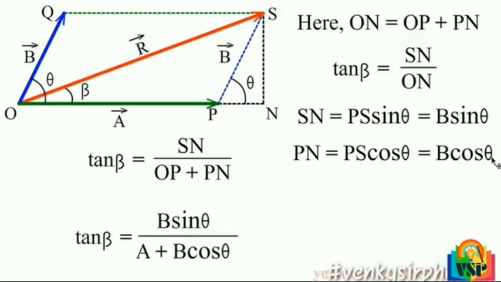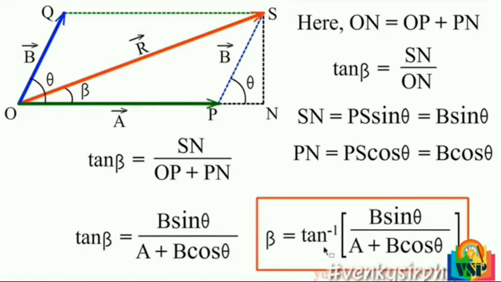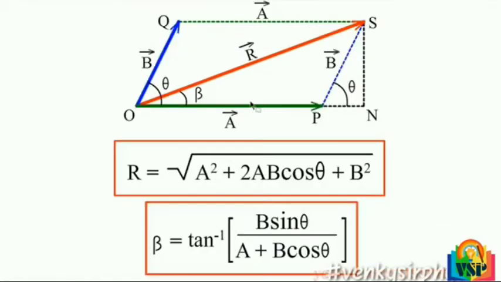Then beta is equal to tan inverse of B sin theta by A plus B cos theta. Okay, this is the direction. So finally, the resultant magnitude is root of A square plus 2AB cos theta plus B square, and beta is equal to tan inverse of B sin theta by A plus B cos theta.